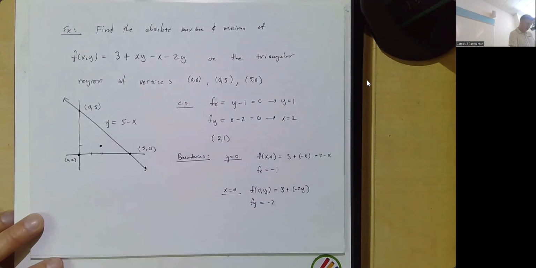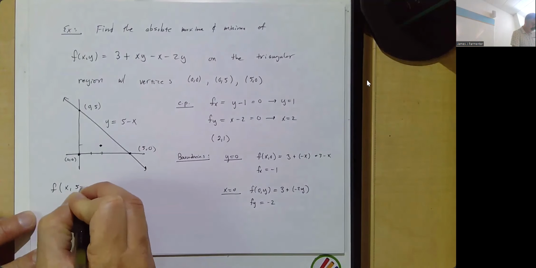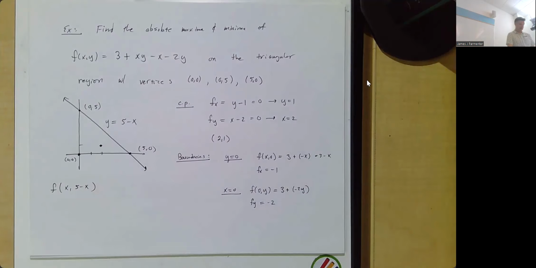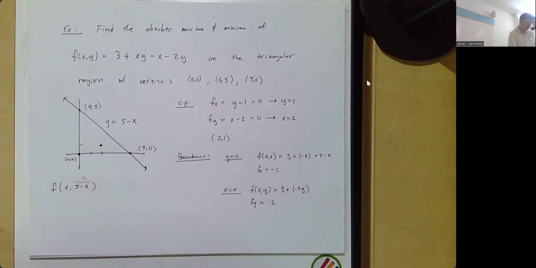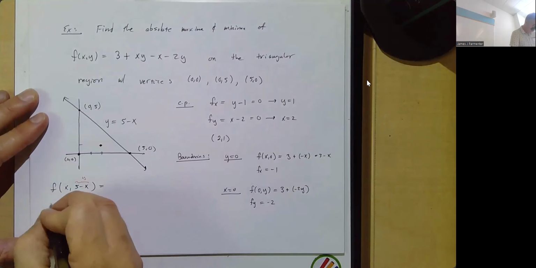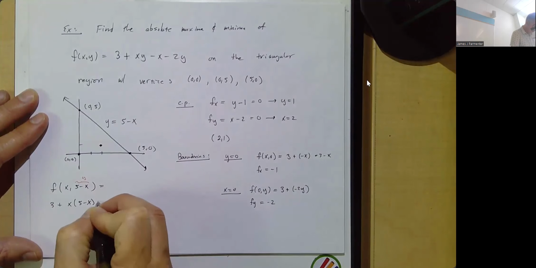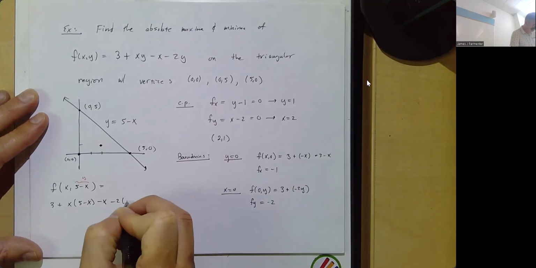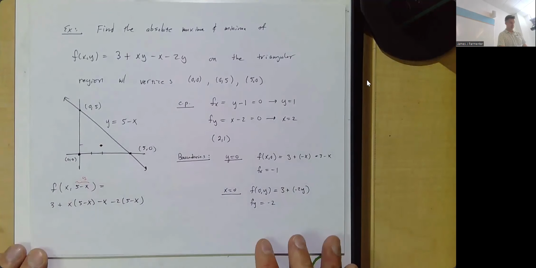So watch this. We're going to now find f of x comma y. But y is 5 minus x. So I'm just going to plug that in for y. So I'm going to get 3 plus x times 5 minus x minus 2 times 5 minus x. And before I take the derivative of this, I should simplify.